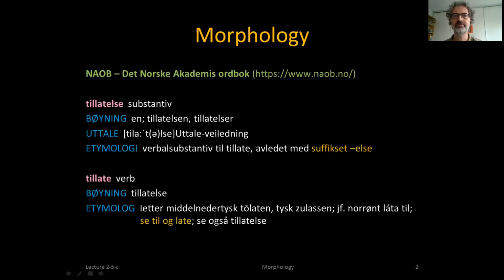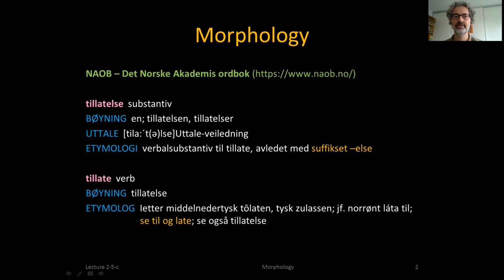Here is an example from the Norwegian language. This word is a noun and is created by a process called derivation. So it is derived from a verb by adding a suffix. This suffix is a common one.